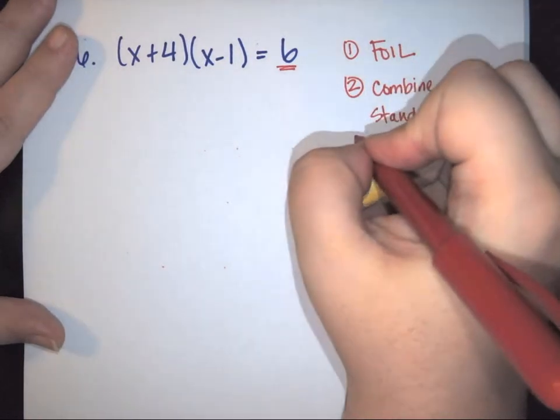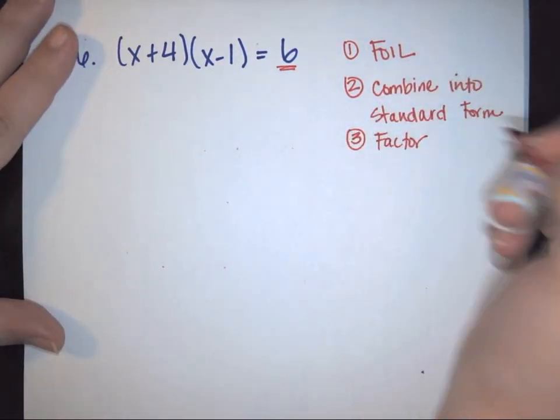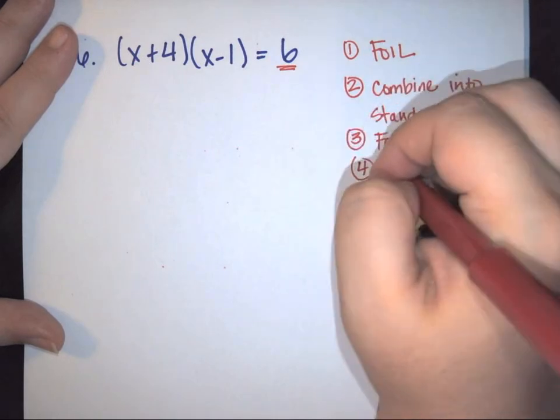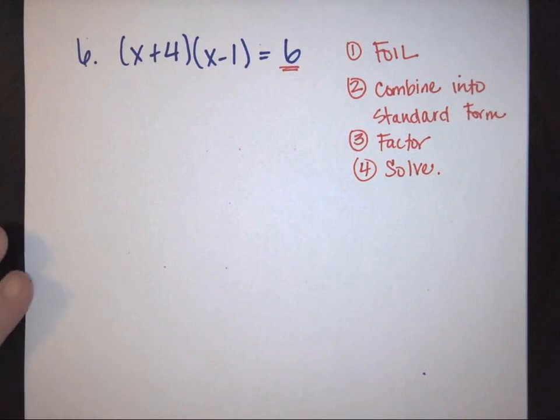Once I get standard form, again remember, then your third step is going to be to factor, and your final step is going to be to solve. Okay, so that's kind of what we're doing.